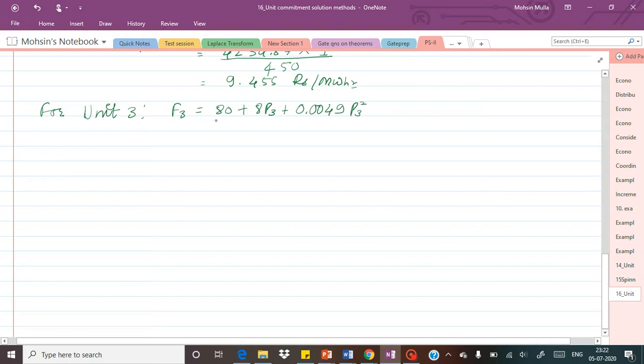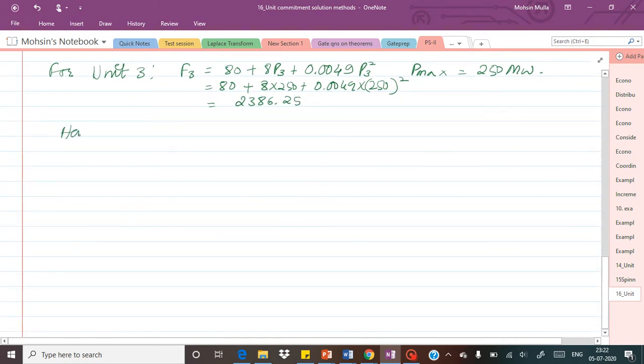Then P max for this particular unit is 250 megawatt. So substituting that maximum value, 80 plus 8 into 250 plus 0.0049 into 250 square. Solving this, we are going to get 2386.25.